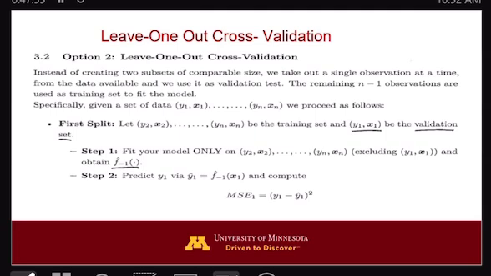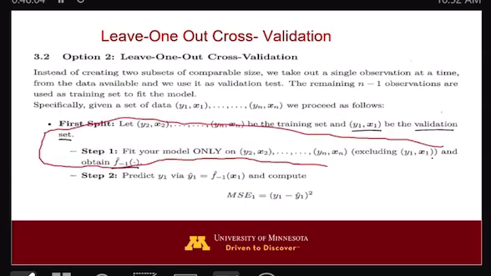So in my first split, I have x1, y1, x2, y2, and so on. What am I leaving out? I'm excluding x1, y1. Do you see that?